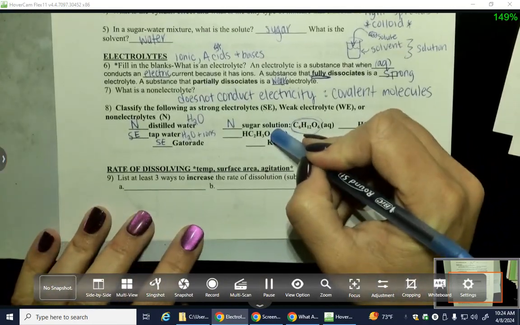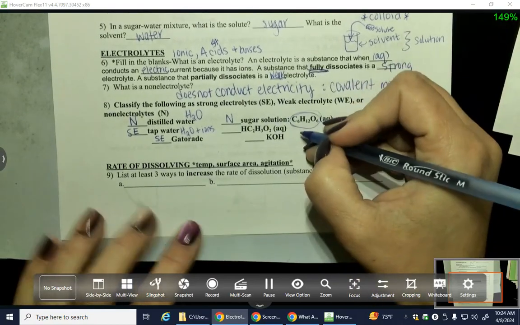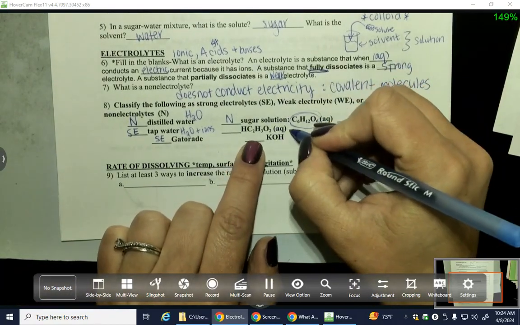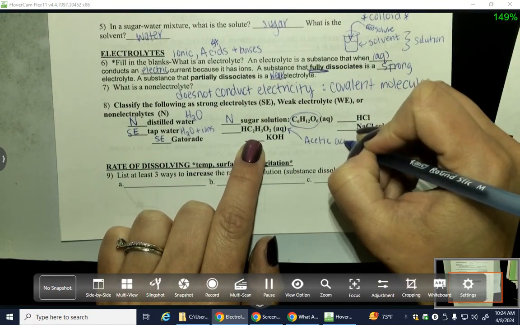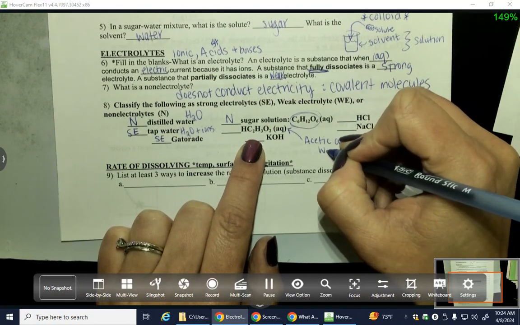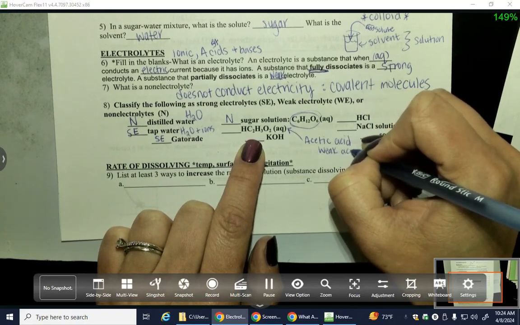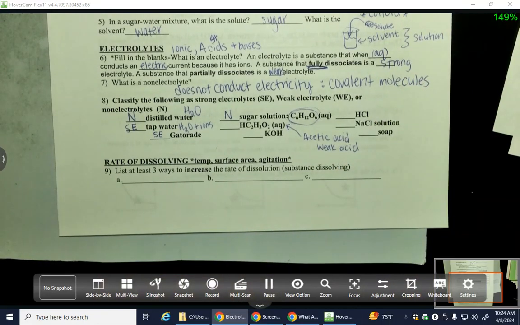This one here was in the video, okay? This is acetic acid. All right, so just write it, just so you know it. That means it's a weak acid. Okay, the fact that it's a weak acid tells us it's going to be a weak electrolyte. All right.